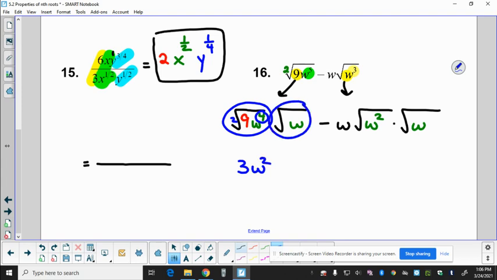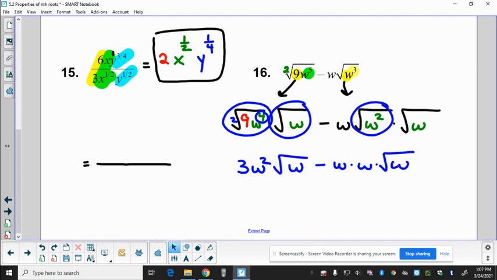Now I've got this radical. Okay. Then over here, I've got minus w. What's the square root of w squared? It is w. That's w squared.